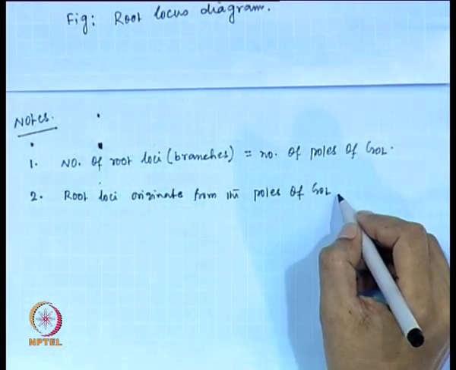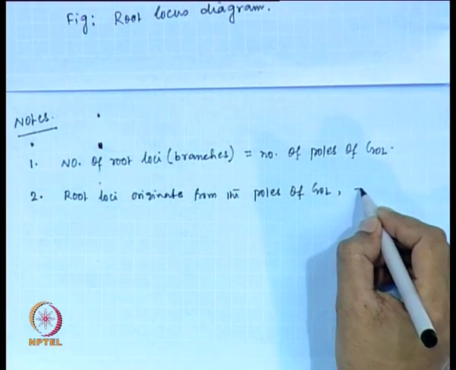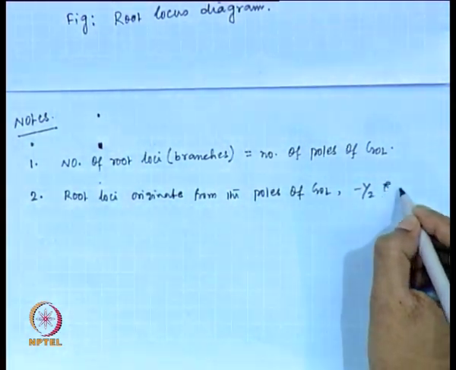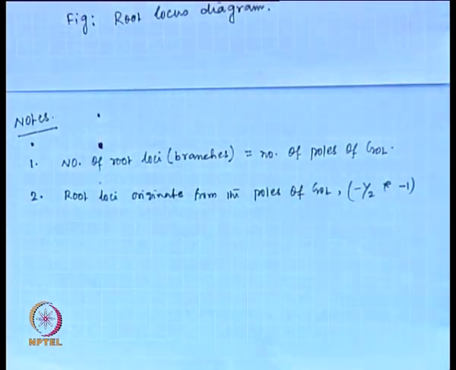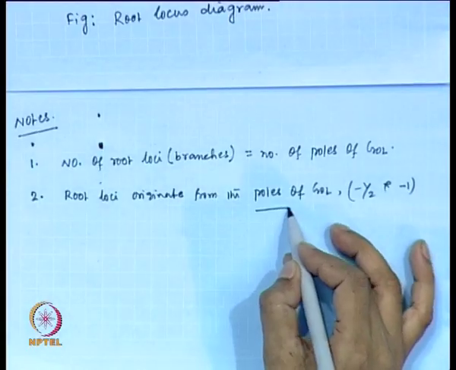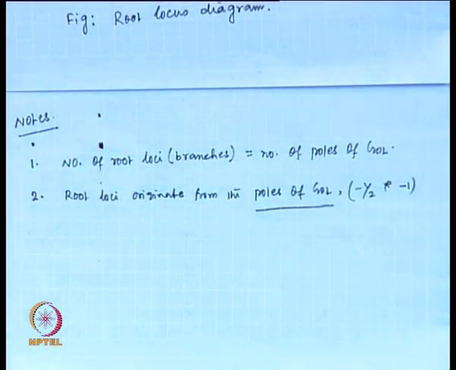That is, I mean they are minus half and minus 1. Agree? The root loci originate from the poles of GOL. The poles are minus half and minus 1.